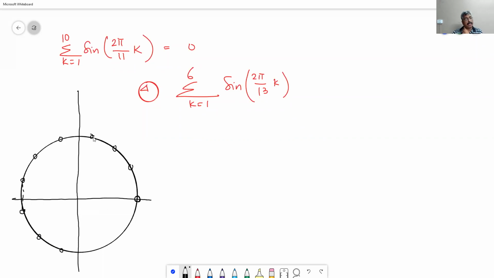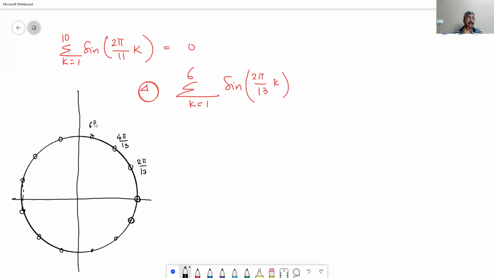Why? Because they are present in conjugates. They are not independent. Every time conjugates are also present. So this is your 2 pi by 13 k, sorry, 1. This is 4 pi by 13.